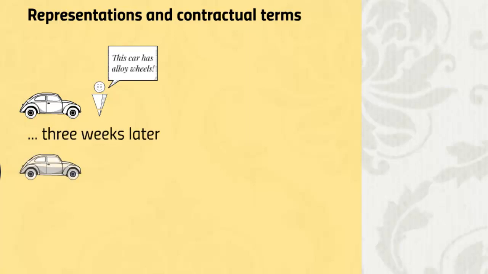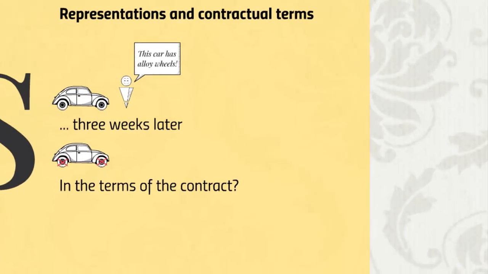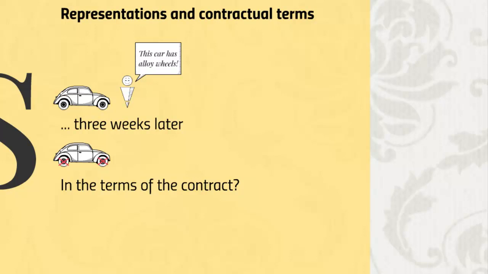But what's happened 3 weeks later? You realize that your car doesn't have alloy wheels, and in fact it is starting to rust. Now of course you won't settle for this, so what you have to ask yourself is whether the car having alloy wheels was in the terms of the contract that you signed.